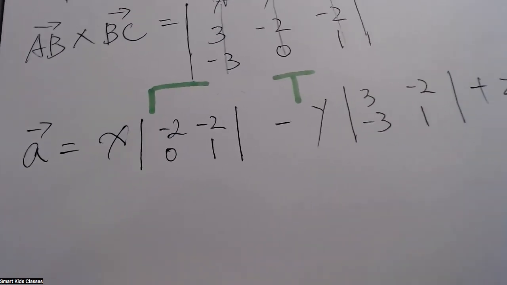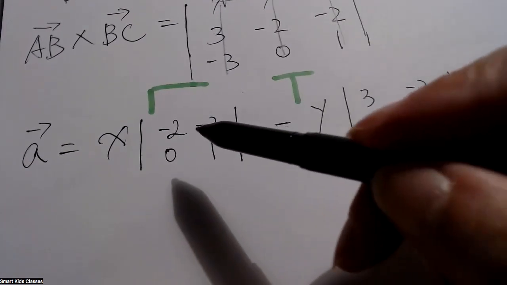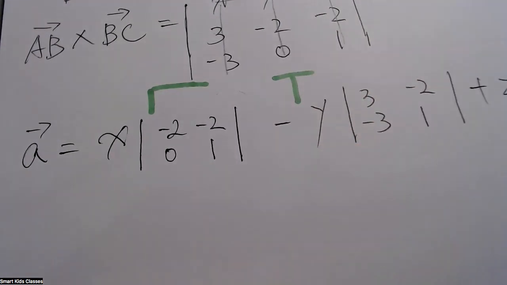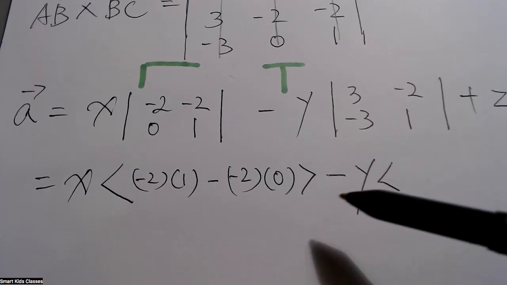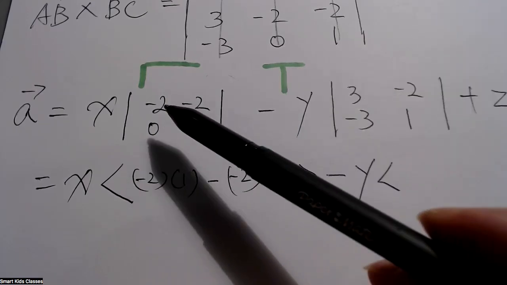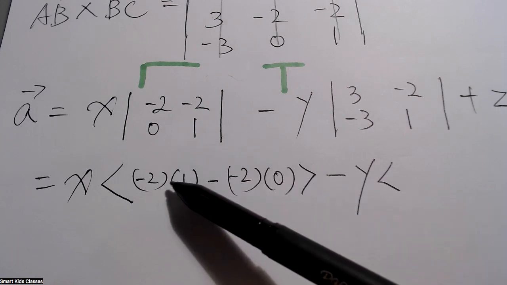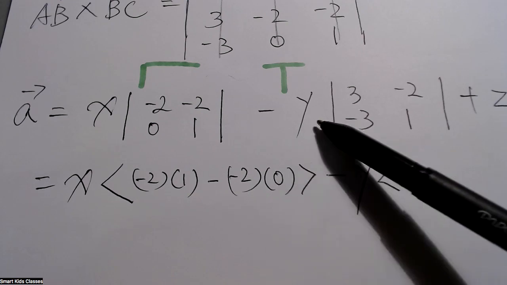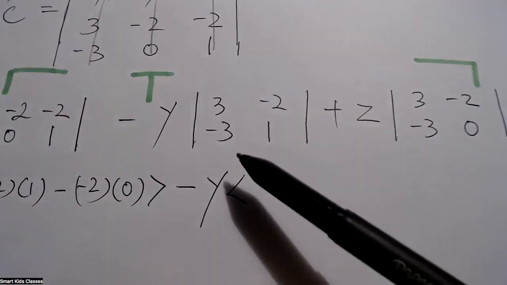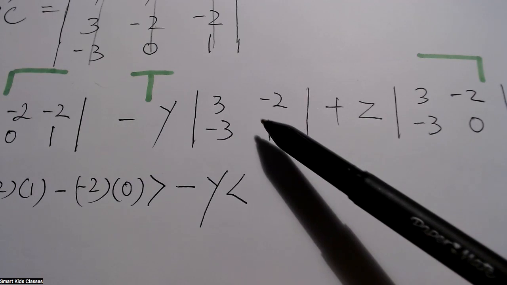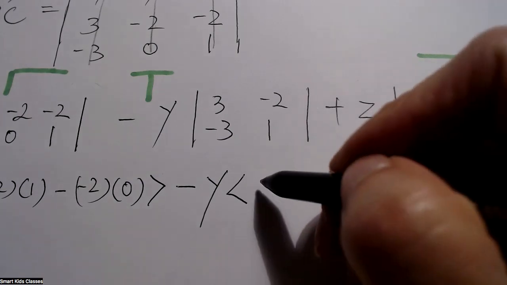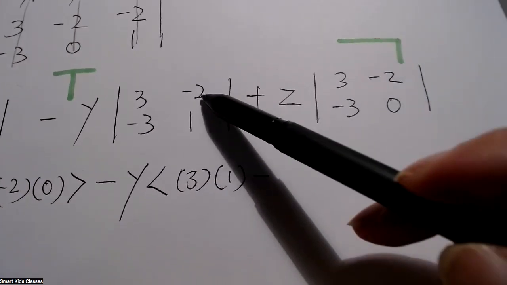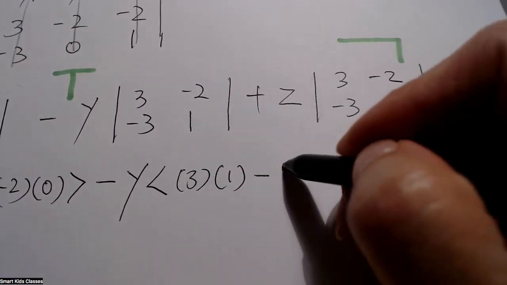Now, the next part, we're going to do the calculation for the cross numbers: multiply and subtract. Now for X, we cross the numbers: -2 times 1 minus -2 times 0. Now we do the y-axis. We cross the numbers: 3 times 1 minus -2 times -3.